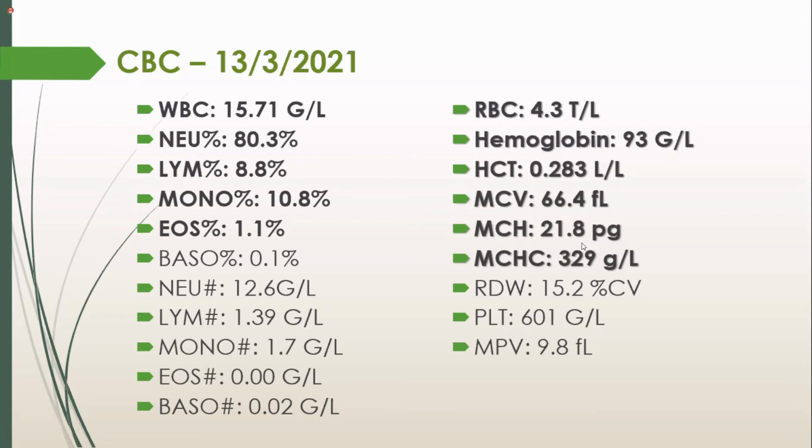So her hemoglobin is actually 9.3, the way we do it here. And then you have a hemoglobin 3 days later of 13 when you check the ABG.